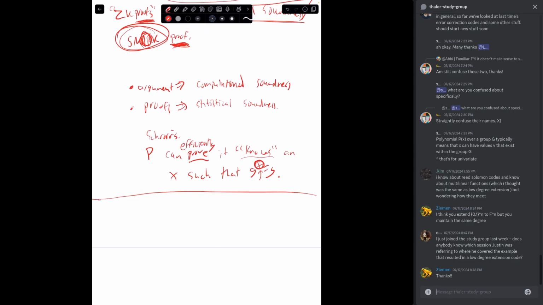Good. So let me just define computational soundness, also known as an argument.